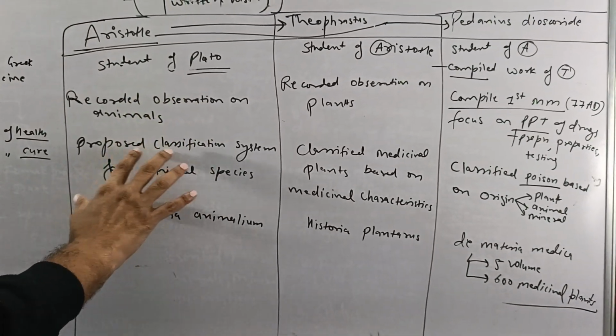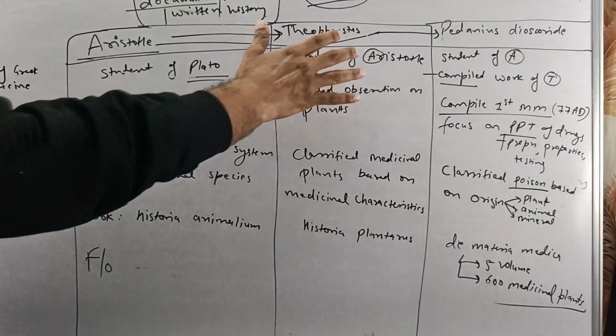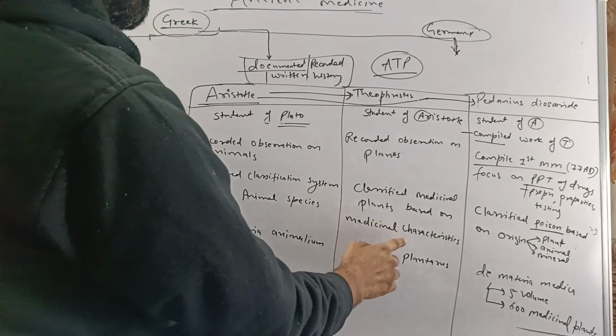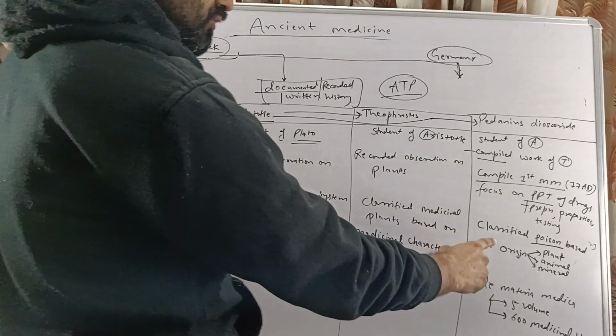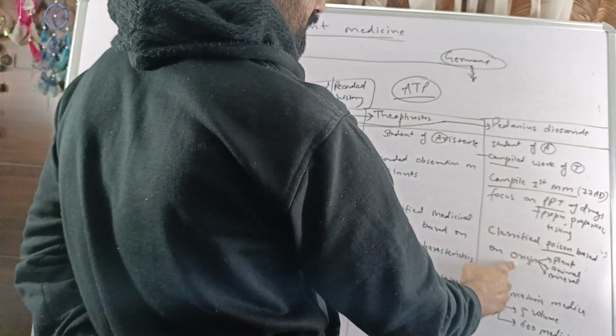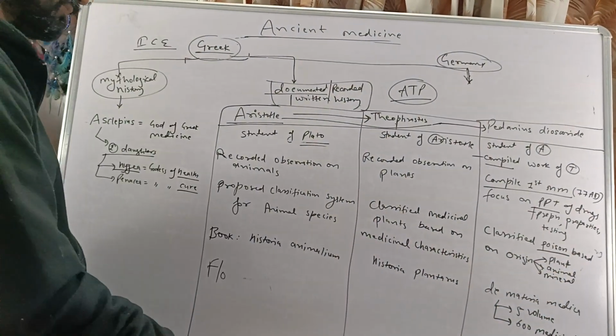Aristotle proposed a classification system for animal species. Theophrastus classified medicinal plants based on their medicinal characteristics, and Dioscorides classified poisons based on their origin, whether plant, animal or mineral.